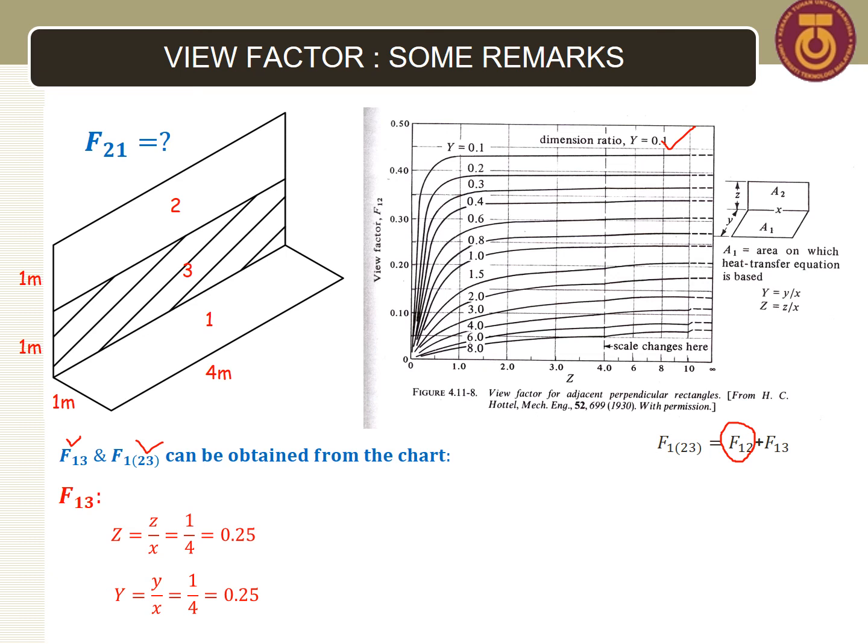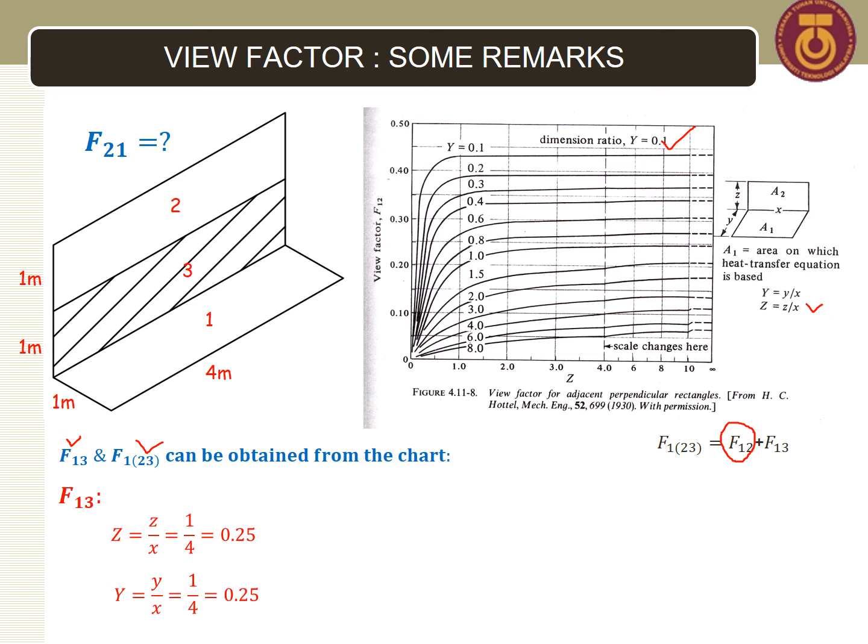First, we will determine F13. Let's refer to this chart. We need to first calculate Z. So Z over X is 1 over 4, which is 0.25. And Y will tell us which curve to refer to.